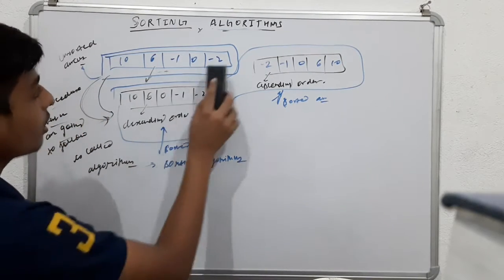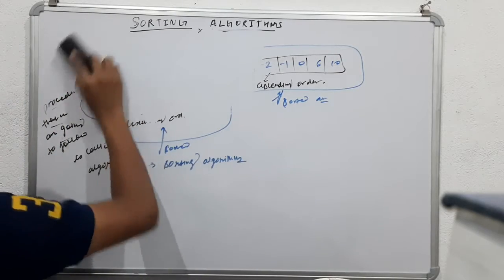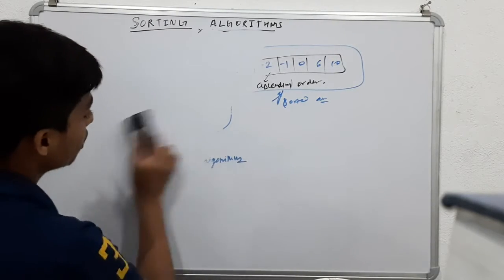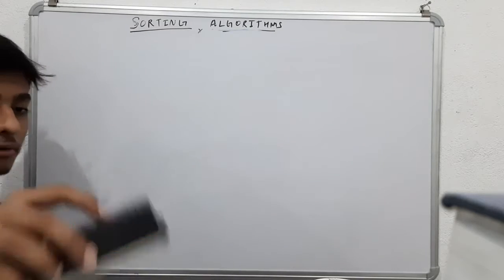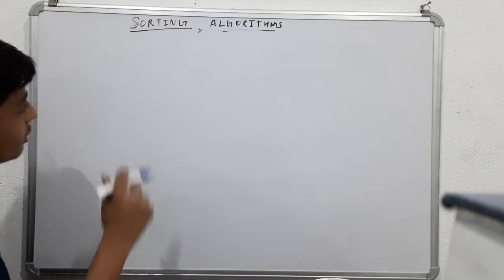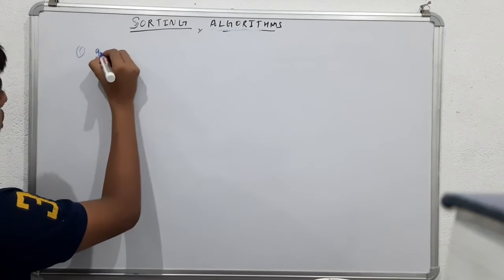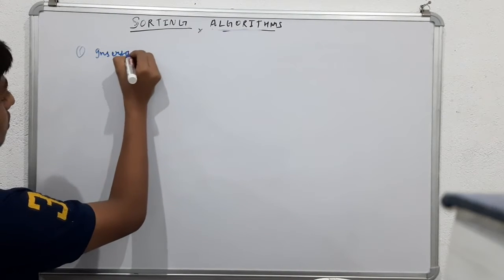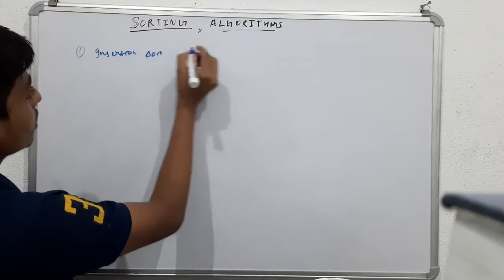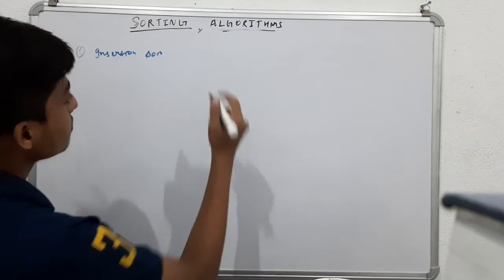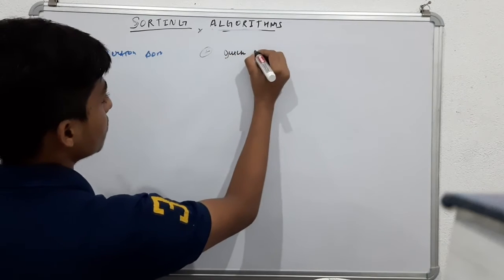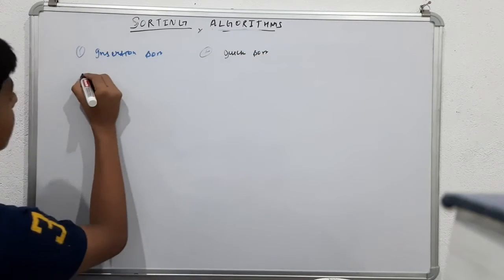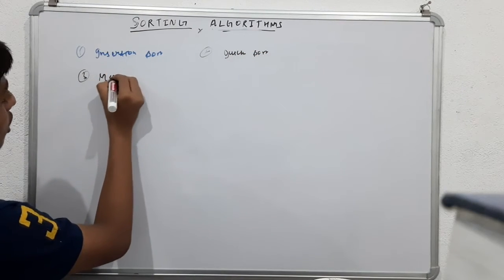Now let's see the different sorting algorithms that we are going to study in this series. We do have many sorting algorithms. First one is insertion sort. Second one is quick sort. Third one is merge sort.